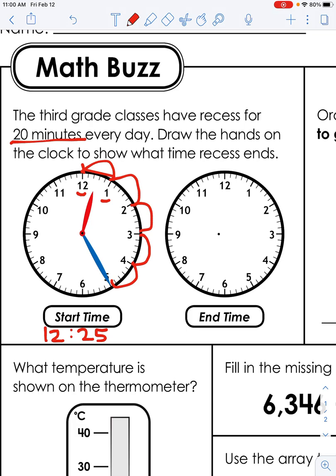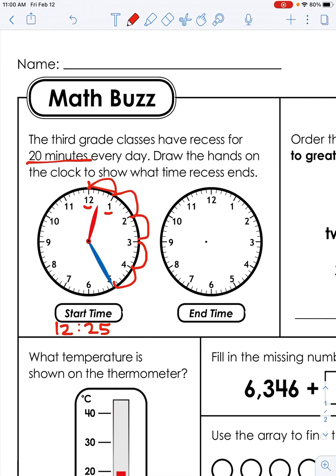So we can either use our jump strategy like I was just doing to find 20 minutes later, or we can add it up just by saying, okay, 12:25 plus another 20 minutes would be 12:45.